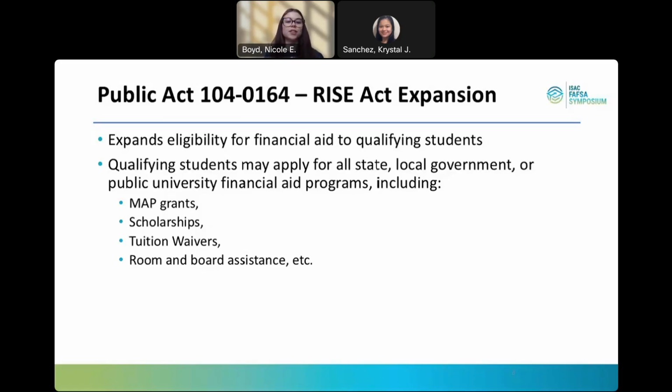And qualifying students may apply for all state, local government, or public university financial aid programs. So yes, that includes the MAP grant, but it also includes, for example, local scholarships or institutional scholarships, tuition waivers, room and board assistance, and so on. So the MAP grant, but also more than that.